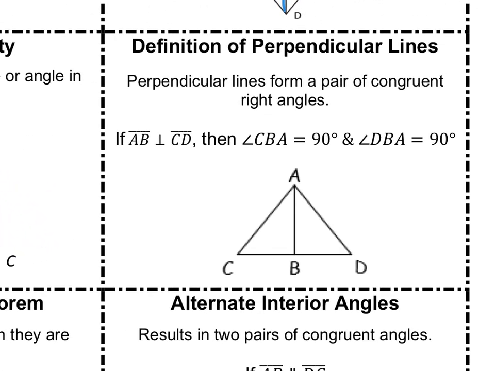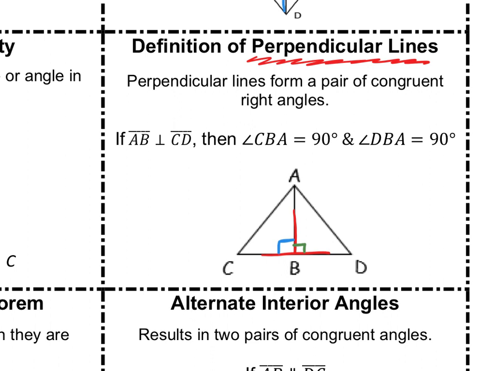Another piece of hidden information is all about perpendicular lines. Most people could tell me this at the door, that perpendicular lines form a pair of congruent right angles. So if you know that AB is perpendicular to CD, then we know immediately that we have a right angle here and a right angle here. That's due to the definition of perpendicular lines.